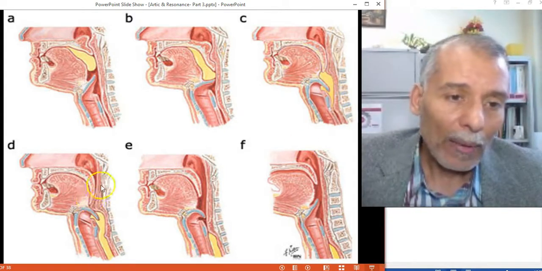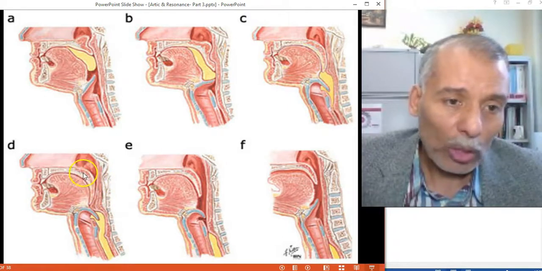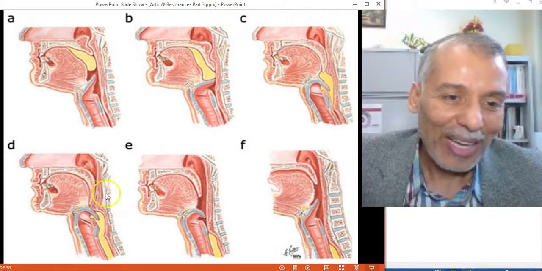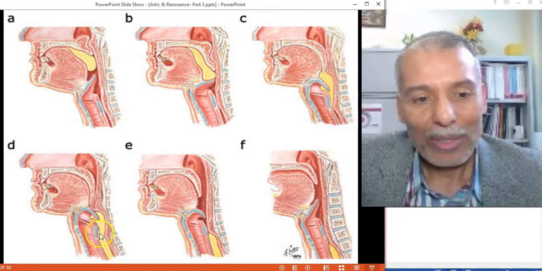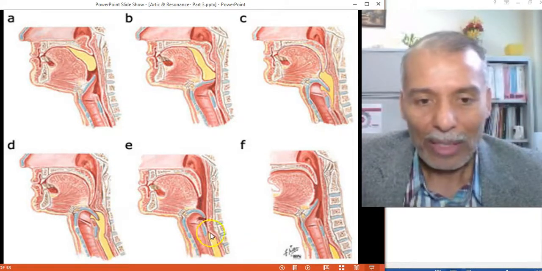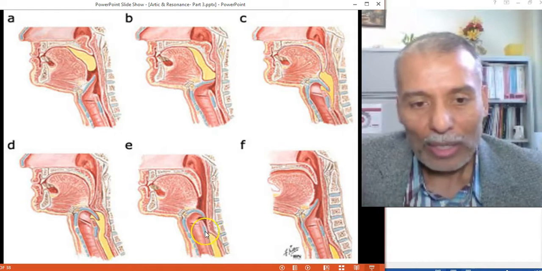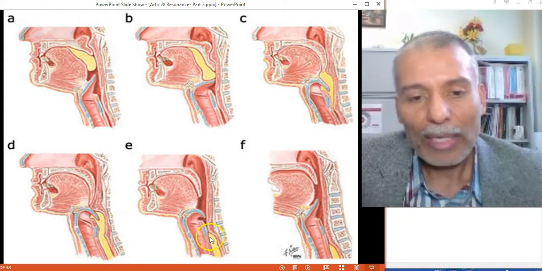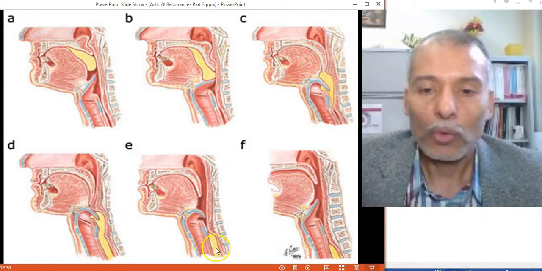And you can see when you swallow, how the velum is down, so you can close everything here. And then the food is now going into the esophagus. You can see it crossing here, crossing the cricopharyngeus area here. And that is the beginning of your esophageal phase of swallowing.